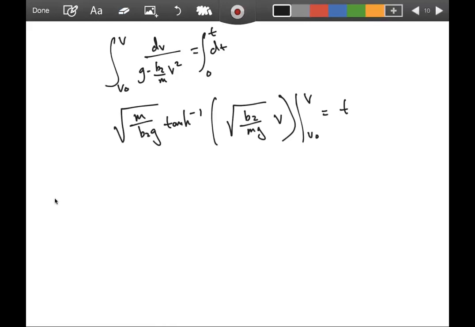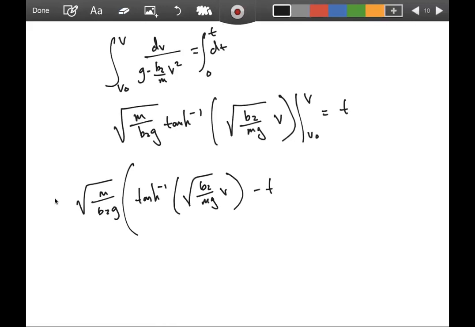So plugging in my bounds, what I then get is the square root of m over b2g times the inverse hyperbolic tangent of the square root of b2 over mg times v, minus the arc hyperbolic tangent of the square root of b2 over mg times v0, is then equal to t.